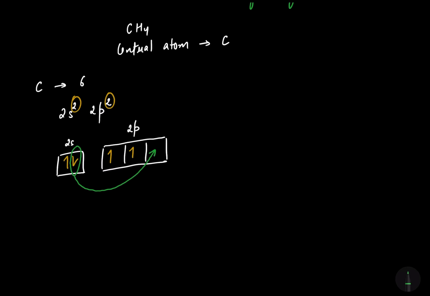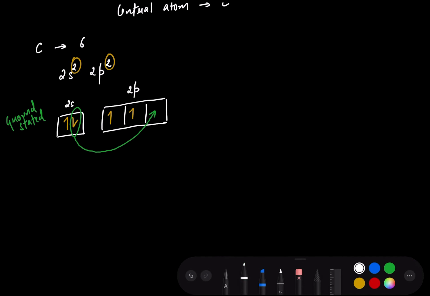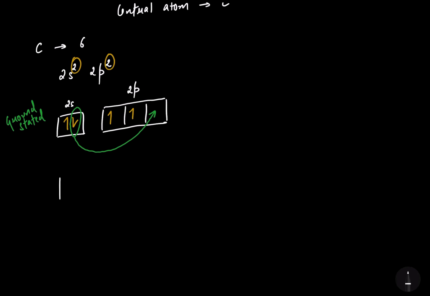First of all, this was the ground state. When the electron is excited to the higher energy level, then that's called excited state. So let's make the excited state now. That's 2s, and that's our 2p.